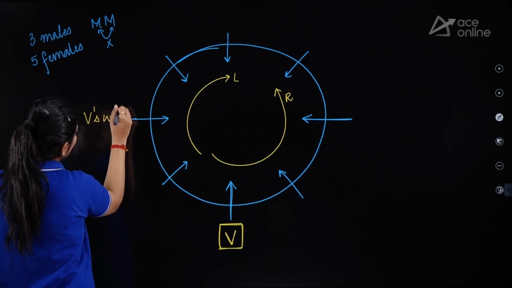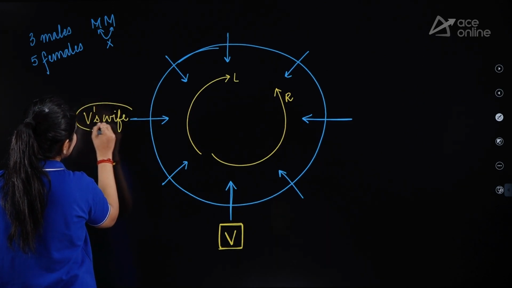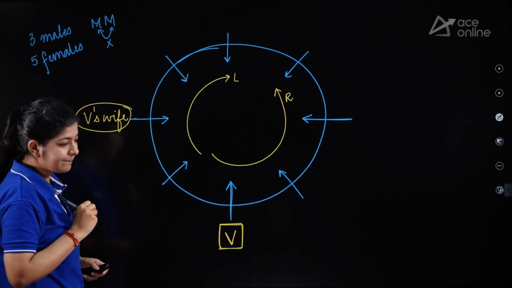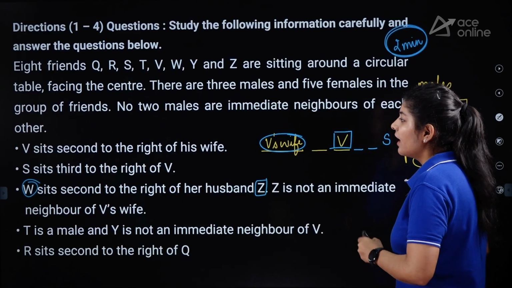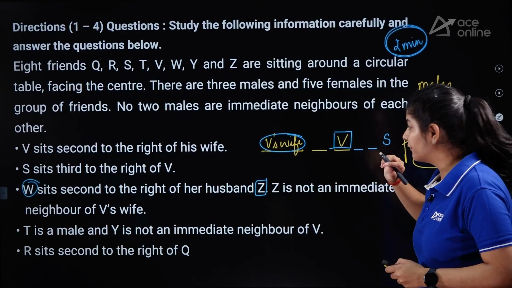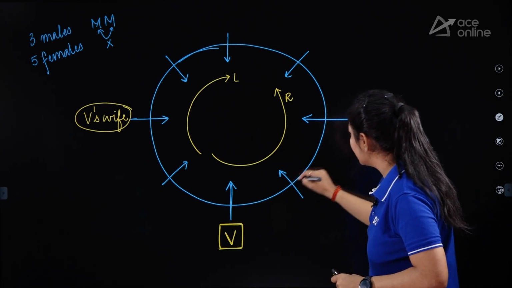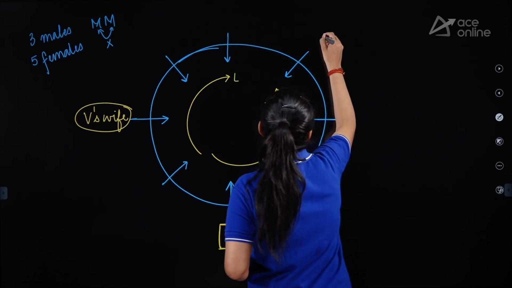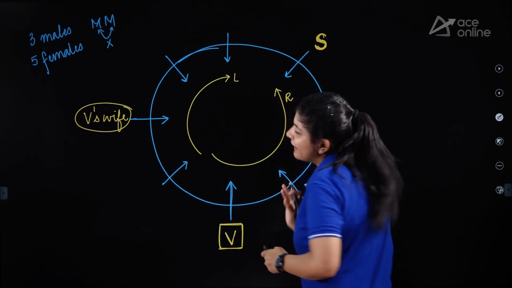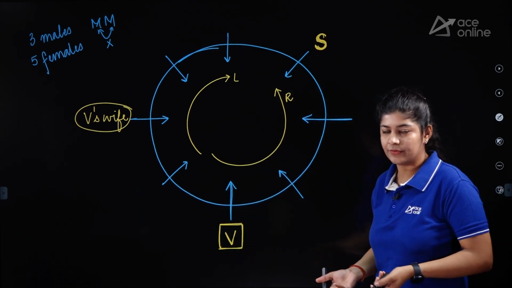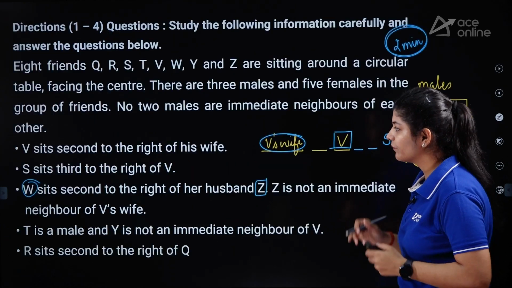Right now we don't know who V's wife is. It is also given that S sits third to the right of V: first right, second right, third right. So here we have S. Till now the gender of S is not defined, so we are not going to determine it ourselves.